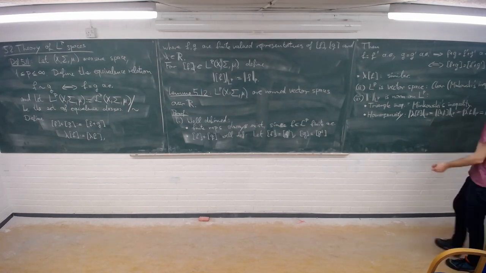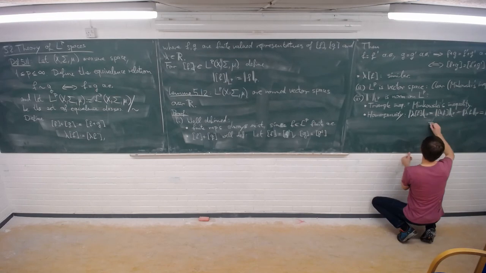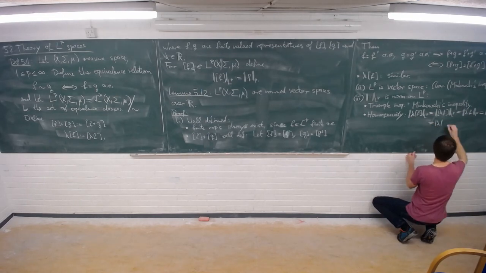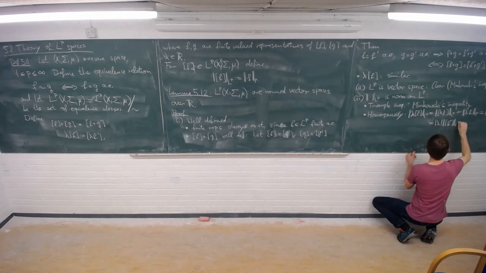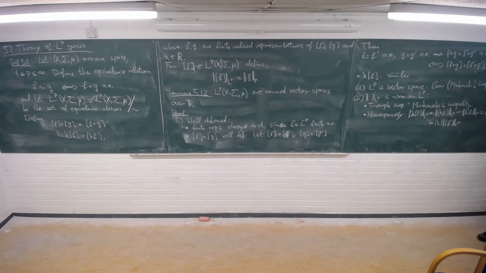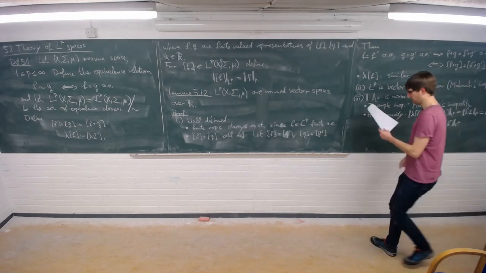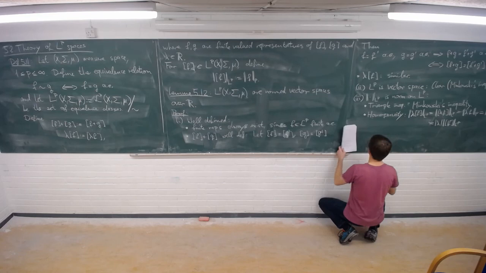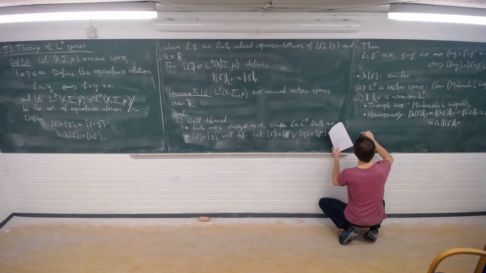And by definition, this is the same as absolute value of lambda times the LP norm of the equivalence class of f. And this is precisely the positive homogeneity that we wanted to show. Okay, so we have this. And now the last point.